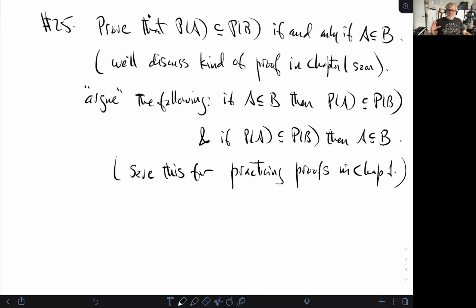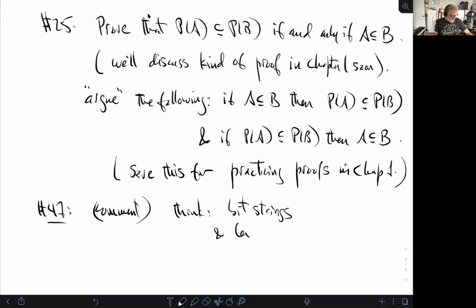Now, I've talked about this piecewise all over the place, but here's a comment about number 47. Think bit strings and lexicographic ordering.